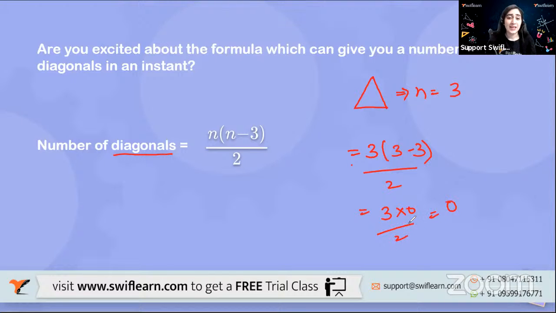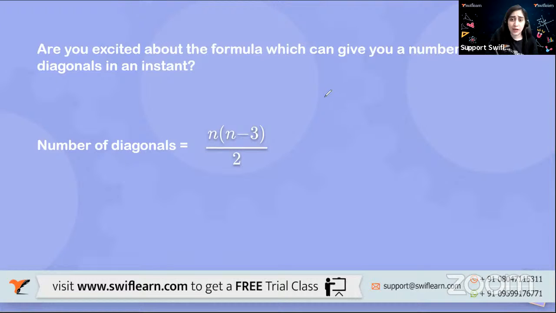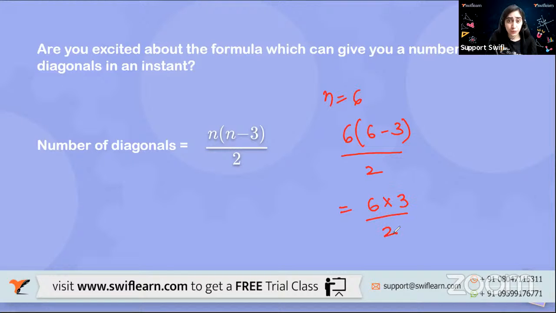Easy. Let's say a figure has 6 sides. So I know n is equal to 6. That comes out as 6(6 minus 3) upon 2. 6 minus 3 comes out to be 3, so it's 6 times 3 by 2.